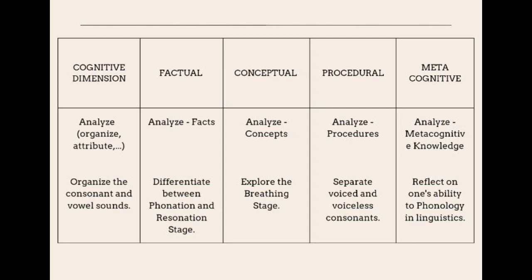Consonants are the sounds characterized by closure or obstruction of the vocal tract, while vowels are sounds characterized by an open vocal tract with no closure or obstruction. In factual, which is analyzing facts, the students will be able to differentiate between the phonation and resonation stage.